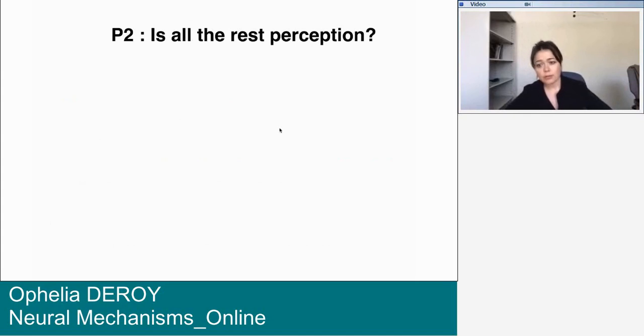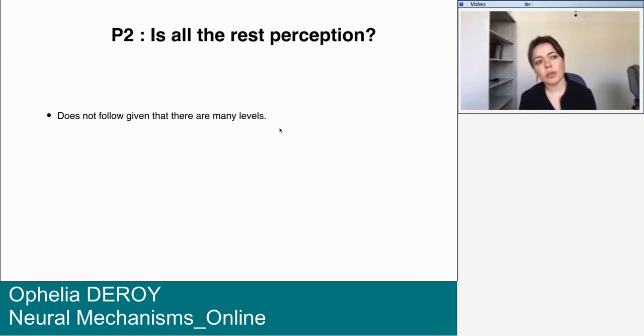Second problem for this framework, granting that you're fully satisfied with the characterization of thought that I've given you: a question that you may ask is, okay, so now we have this upper level, which is thought, so do you have to call all the rest perception? And here I want to say that the implication doesn't follow in this account.